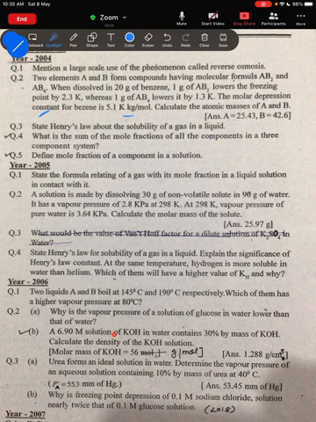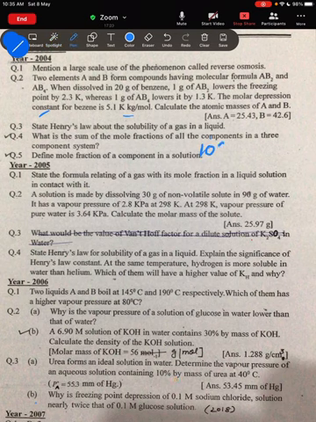Now the next question, this one we have already done. Then urea forms, this is a direct question. P naught A minus PA upon P naught A is equal to XB, which you have to find out. Here 10% means, seeing percent, you have to consider 100 gram of solution.